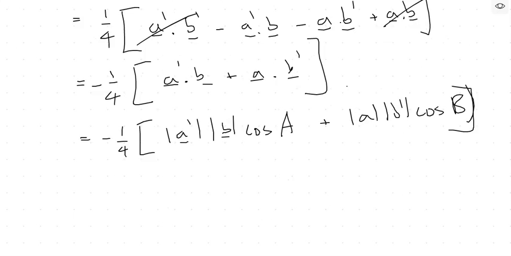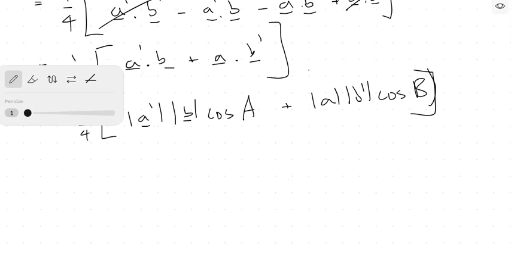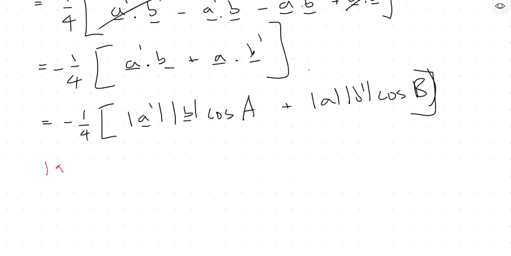Right. So we know that mod A is equal to mod B, and mod A dash is equal to mod B dash. So this is the same length as this, and this is the same length as this.